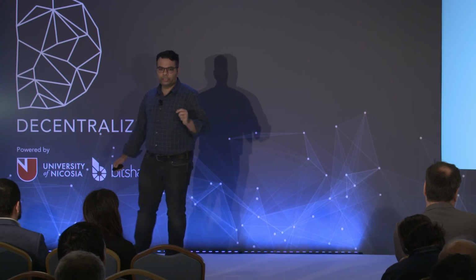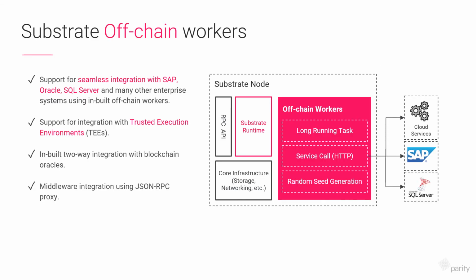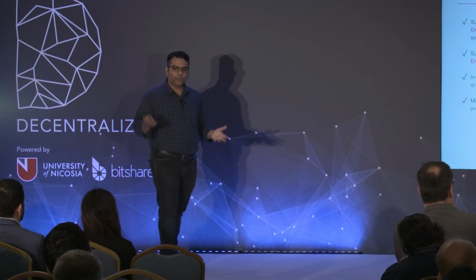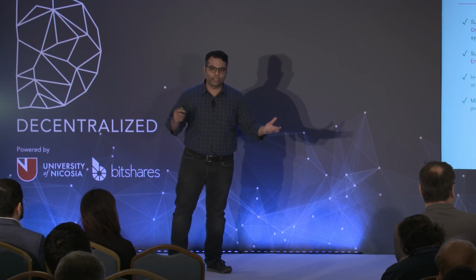And finally, the most important pillar of an enterprise blockchain: integration with external systems. This is how it looks in a Substrate-based blockchain. There is a concept of off-chain workers, which are able to integrate any system outside the blockchain from within the node. There are basically two executors inside the node. One executor is doing your block production and moving the blockchain forward.